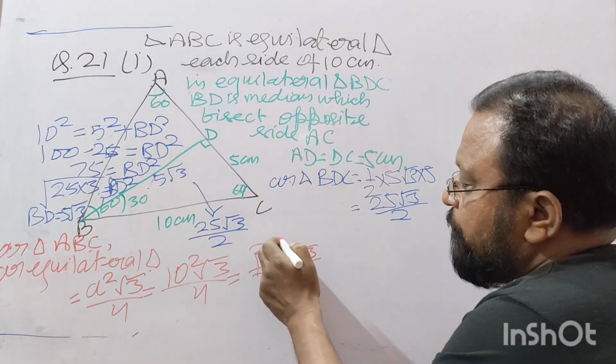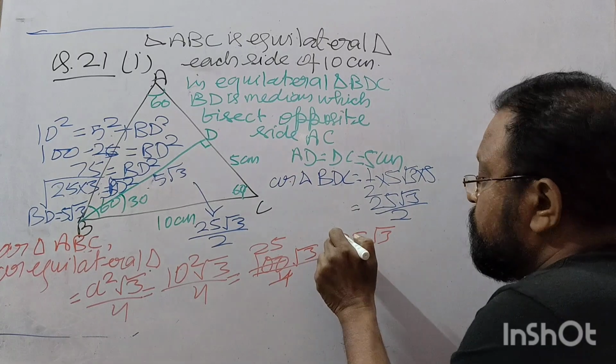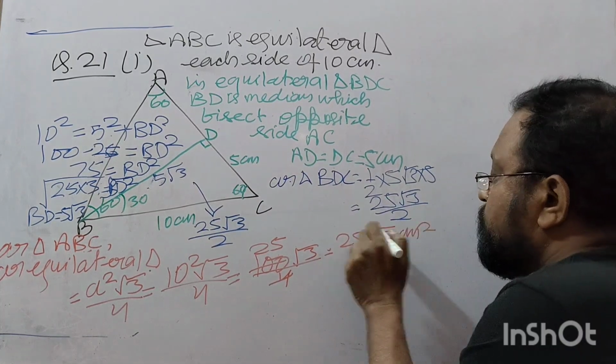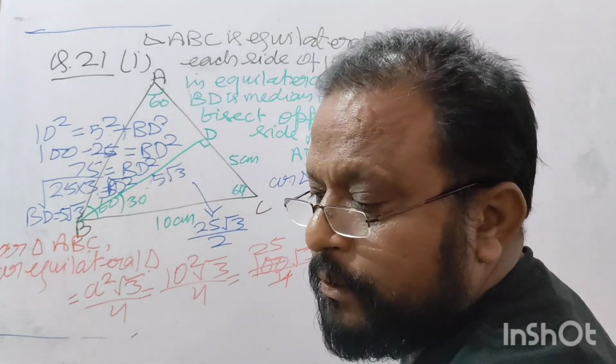It becomes 25 root 3 centimeter square. Right? So now what?